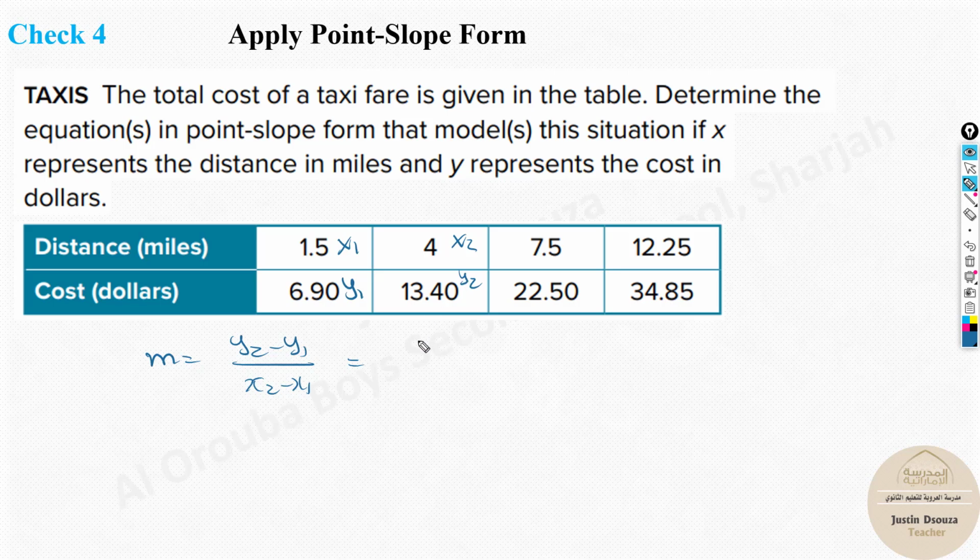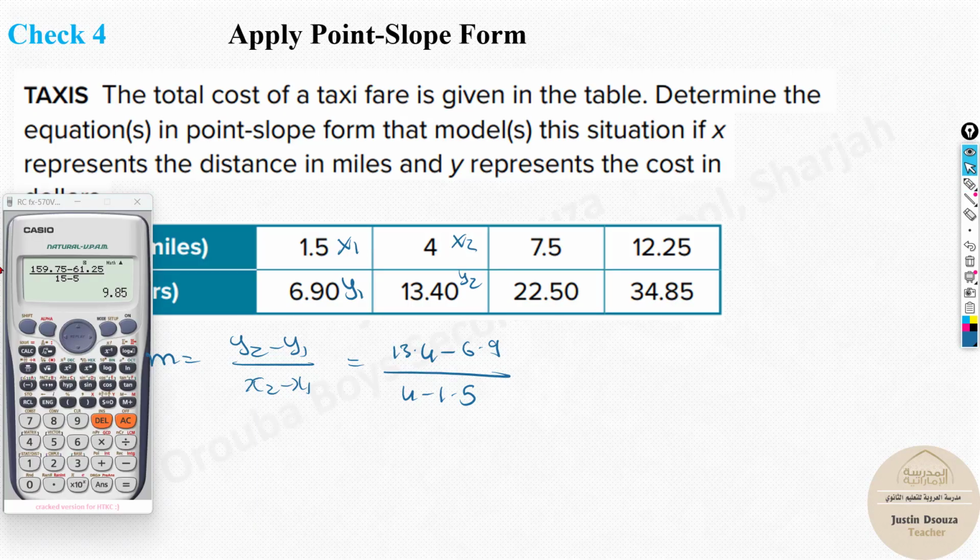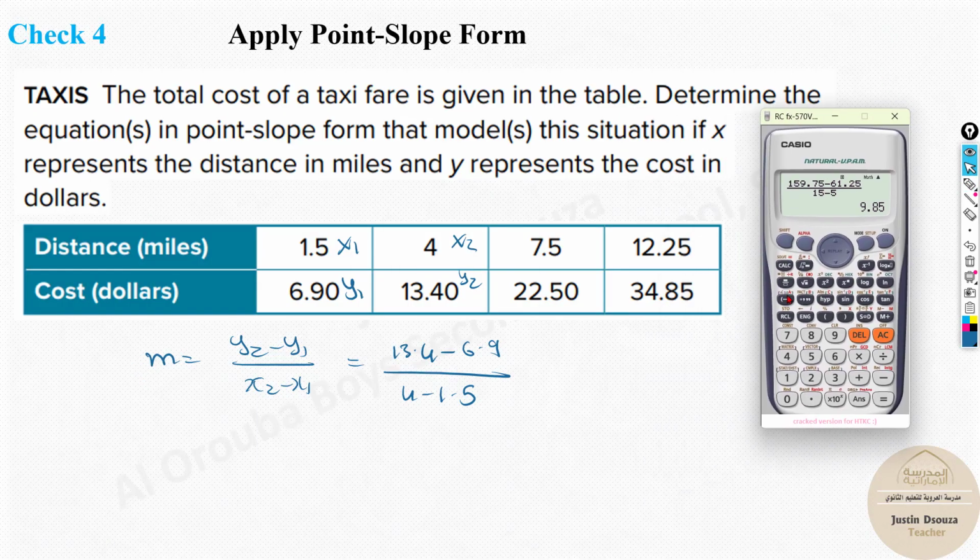Over here it's 13.4 minus 6.9 divided by 4 minus 1.5. All you need to do is put it in the calculator. And the answer is 2.6.